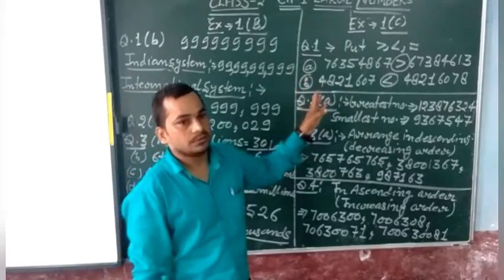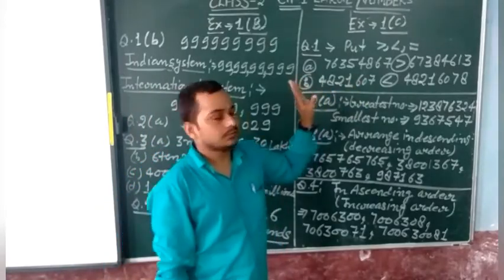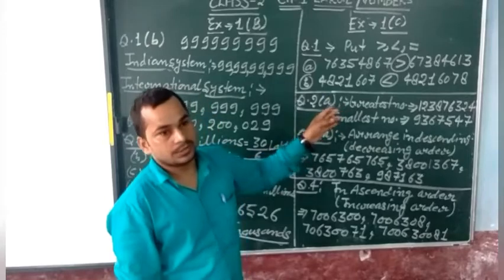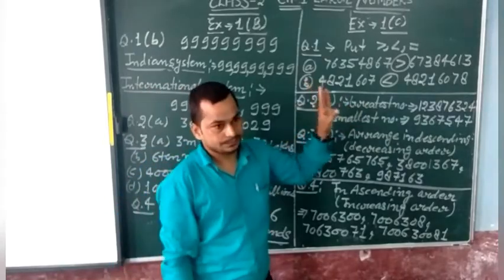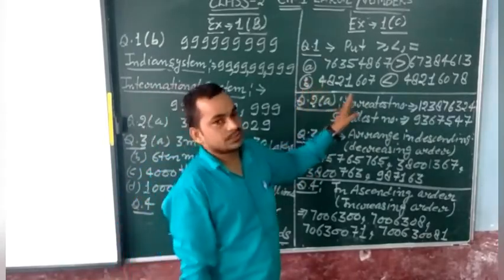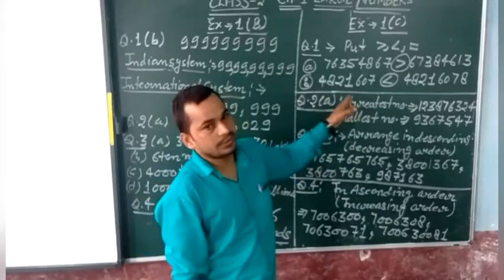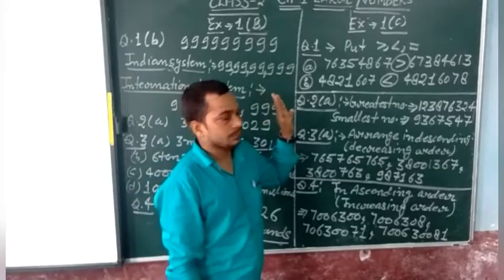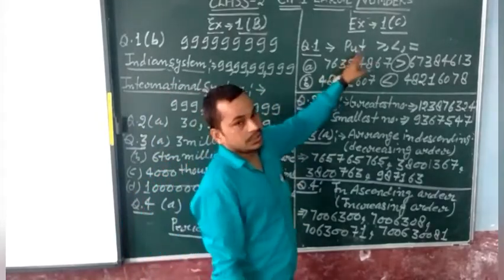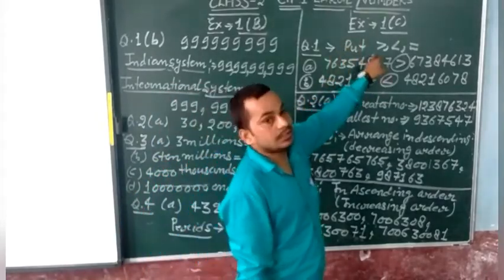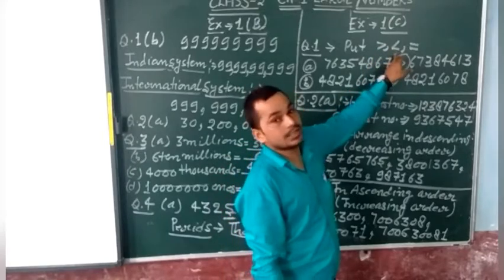And the next rule: when the digits are the same, then we compare from the left side. If those values are the same, then we go to the next, from left to right. So insert the symbols here: greater than, less than, or equal to.